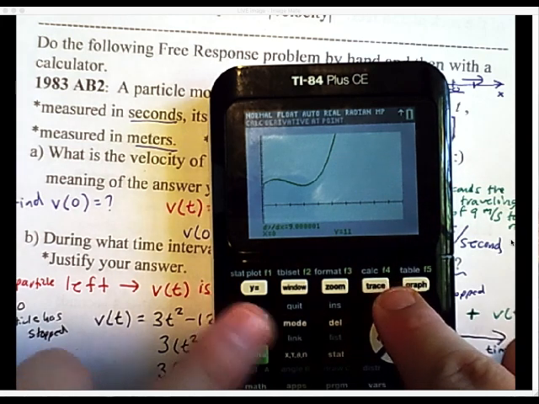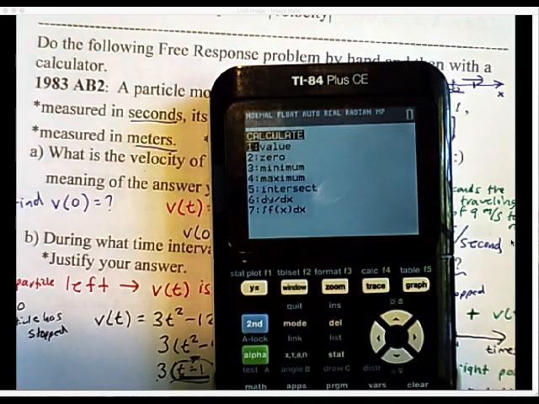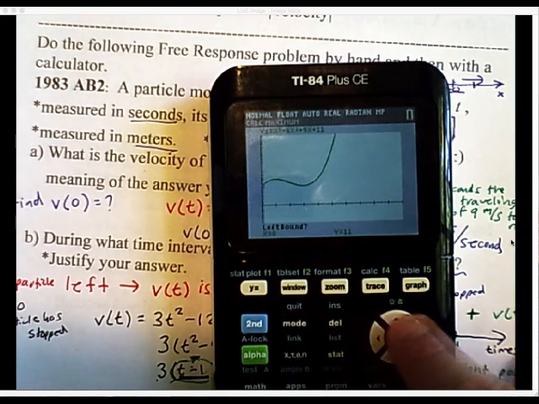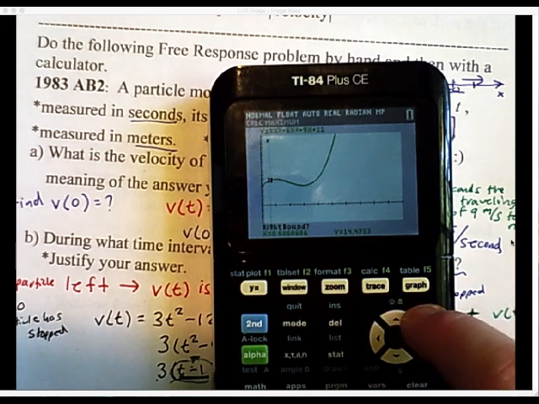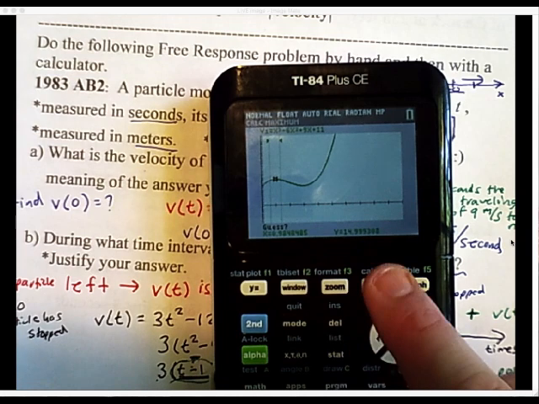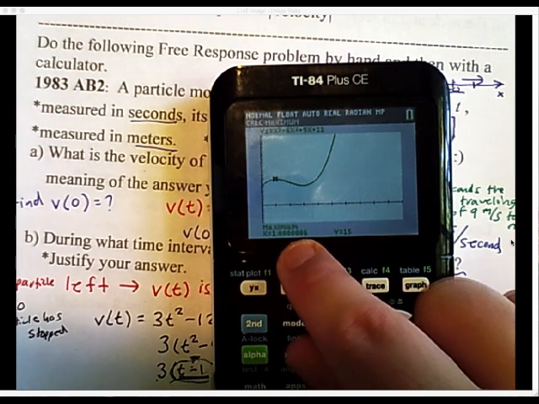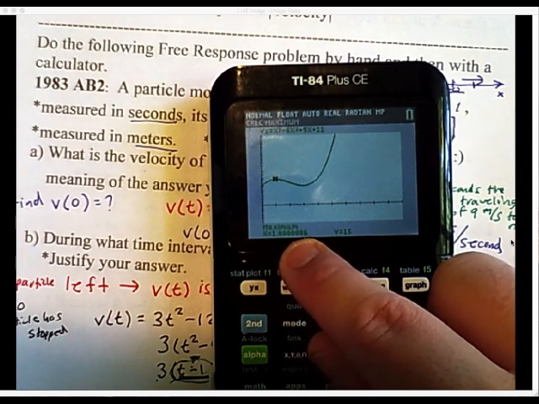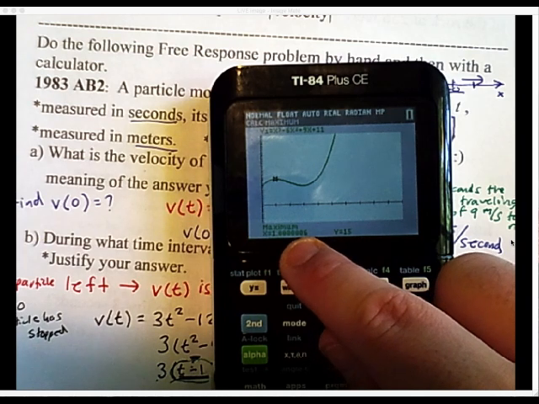If I want to figure out where it starts changing, it goes right, then left, then right. If I use my second trace button, if I look for the maximum here, there we go. It switches at 1. It starts to go left at time 1.